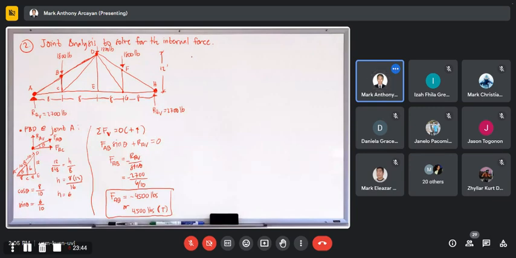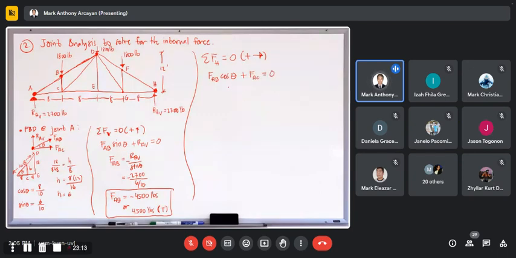Next, perform the summation of forces along the horizontal that is equal to 0. Positive is to the right. Now here we have FAB cosine theta plus FAC is equal to 0.